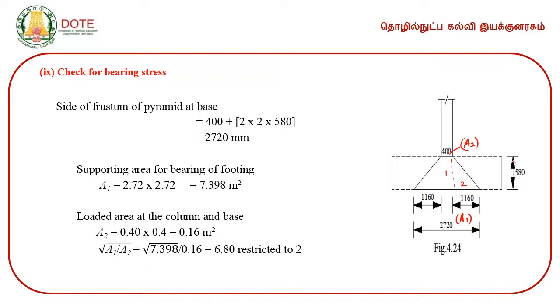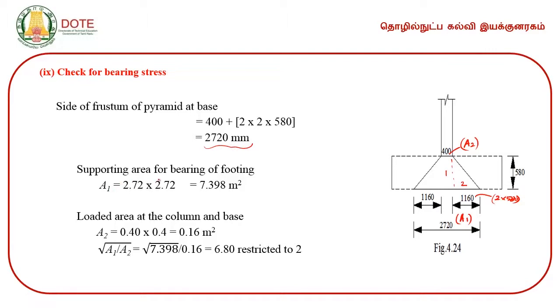So, 580 multiplied by 2 will give you 1160, this is 2 times 580. So, this is 1160, again 1160 on this side, and the width of the column is added to get the width of the frustum of pyramid at the base.